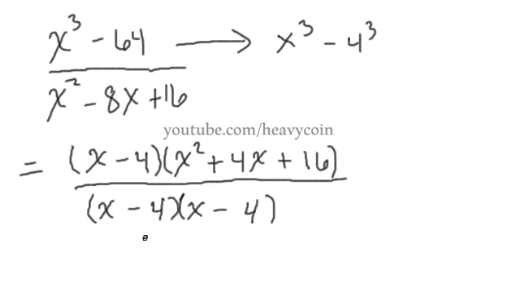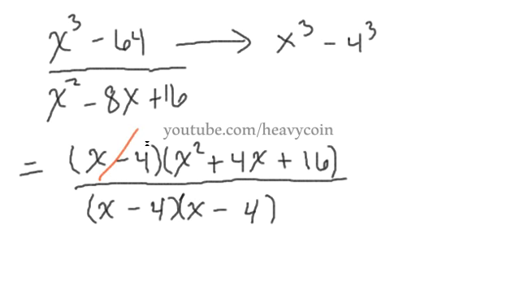Now let's just kind of check it out. X times x is x squared. X times negative 4 is negative 4x, and then another negative 4x, and we add them together, we get negative 8x. And negative 4 times negative 4 is positive 16. Alright, good.